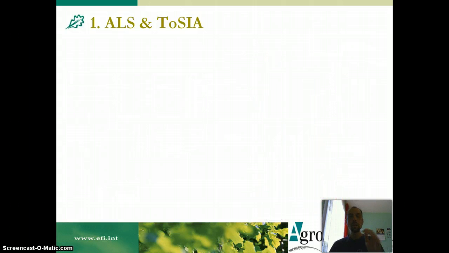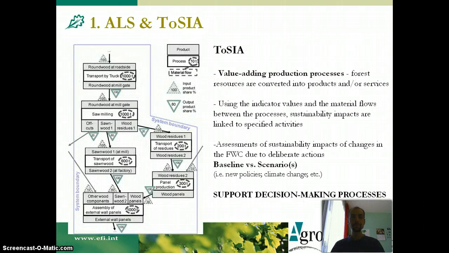So once these airborne laser scanning sensors have been presented, now I will move into the TOSIA tool. What TOSIA does is basically evaluate sustainability impacts. And for that, it's using value-adding production processes, or so-called forest wood chains.